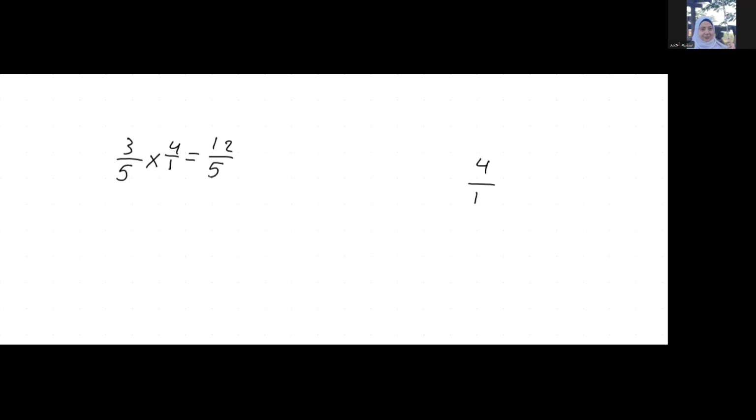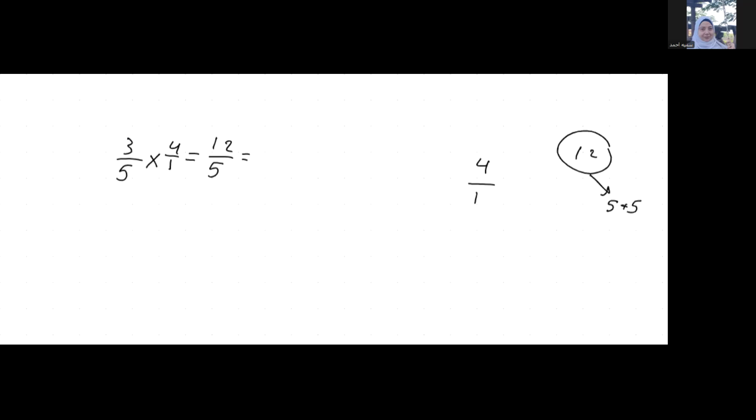We haven't any common factor between the numerator and denominator, but it's an improper fraction. We can convert it into a mixed number. 12 equals how many 5s? 12 contains 5 and another 5, 2 whole 5s.